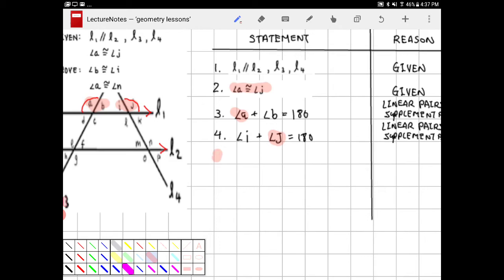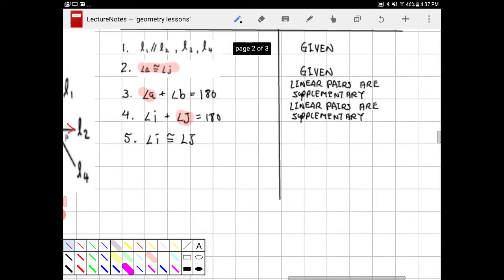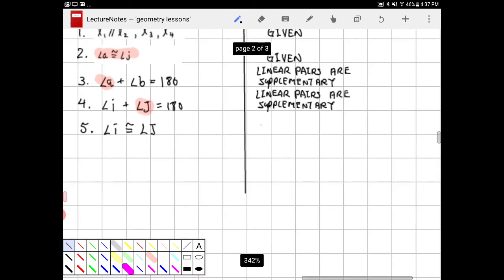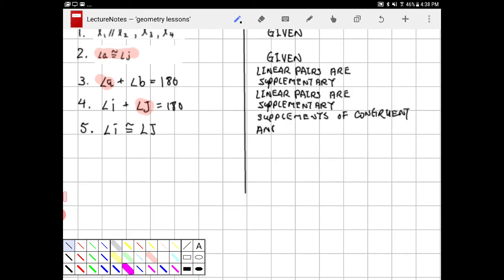Well, my next step is actually the end of the proof for that first part. I know that angle I must be congruent to angle J. And the reason for this is supplements of congruent angles are in fact congruent.